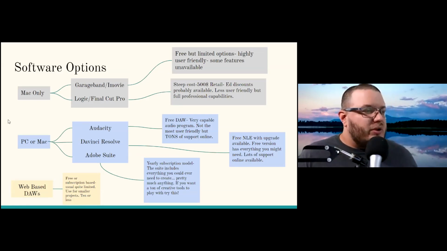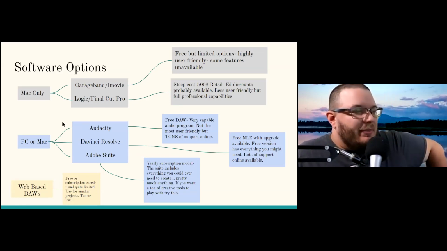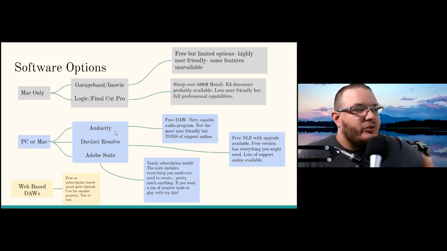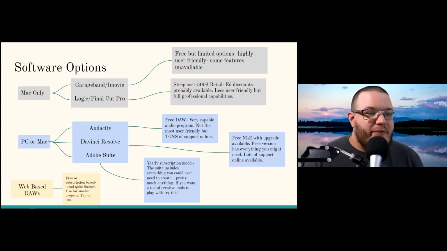For those of you that are on PCs, there are many more options than this, but these are the ones I would suggest you think about. So if you're looking for free programs, I think the best program you can find is Audacity. This is a free DAW, a digital audio workstation.